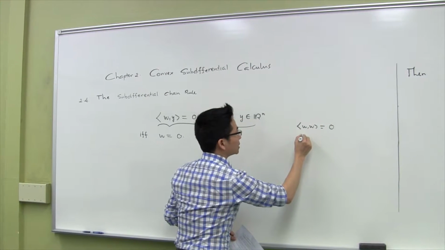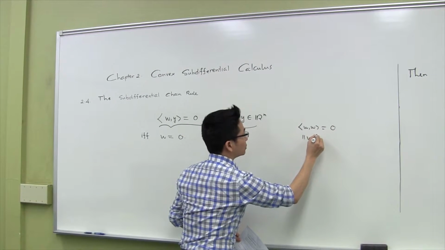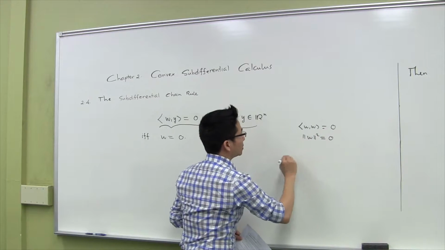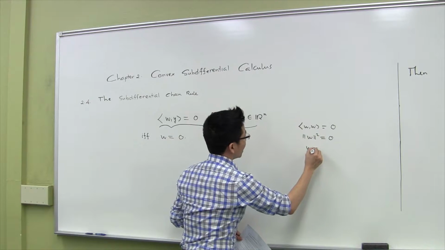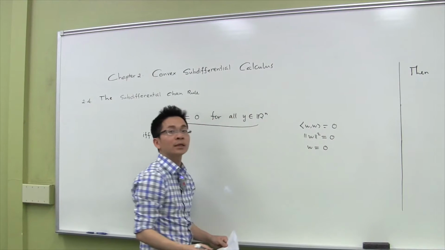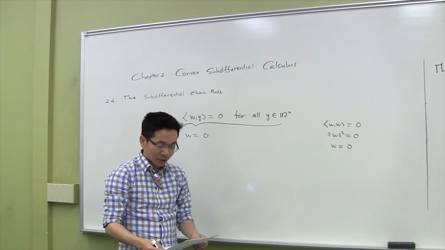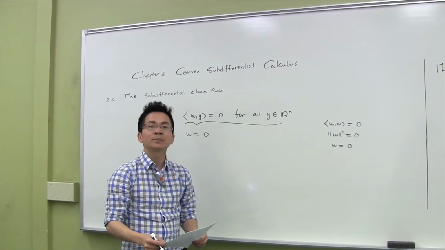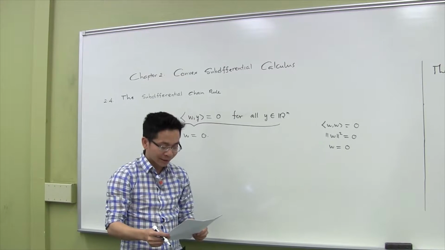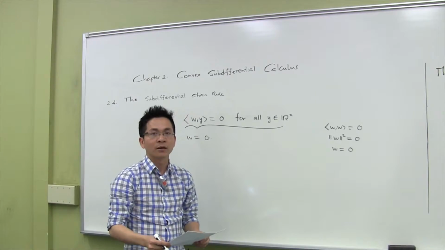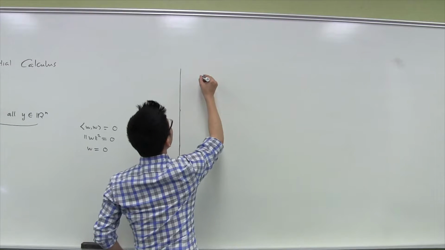This implies the norm of w squared is equal to 0, and so w has to be 0. Okay? Now, let me continue with deriving an important proposition for the main result.